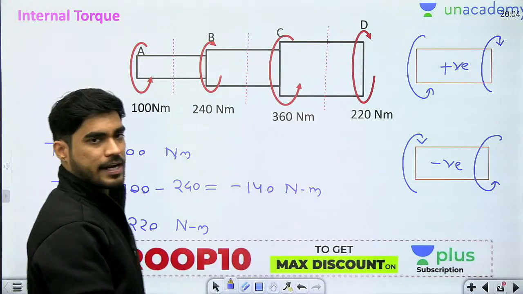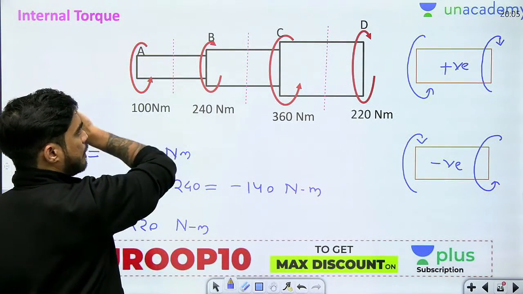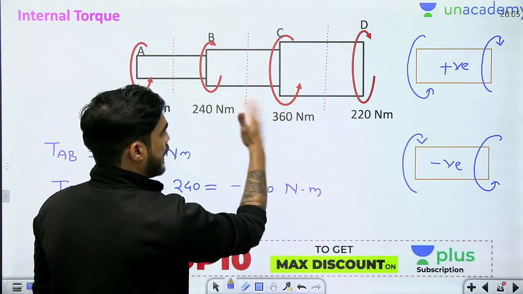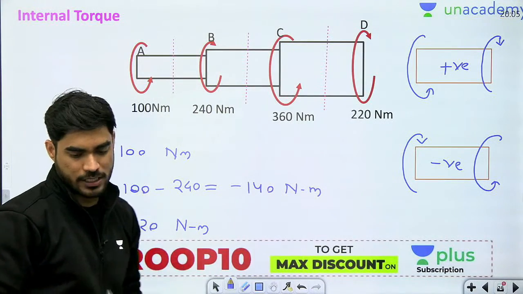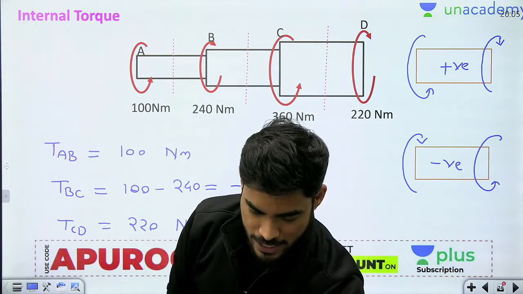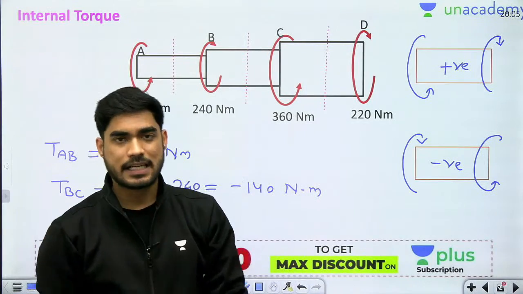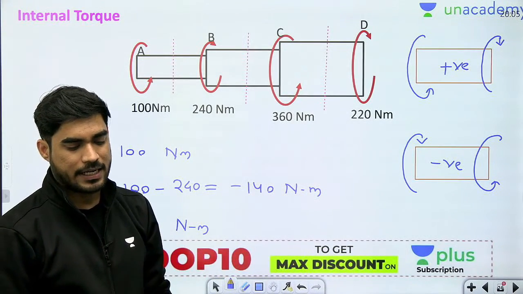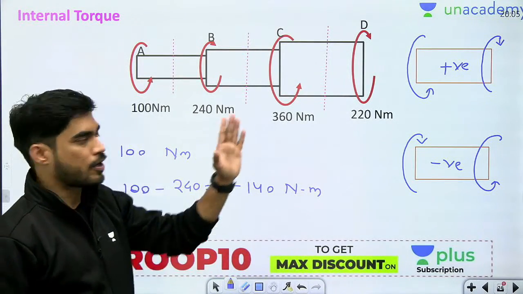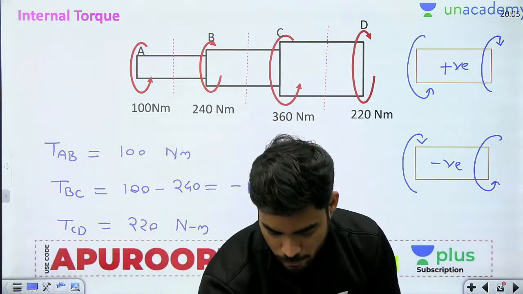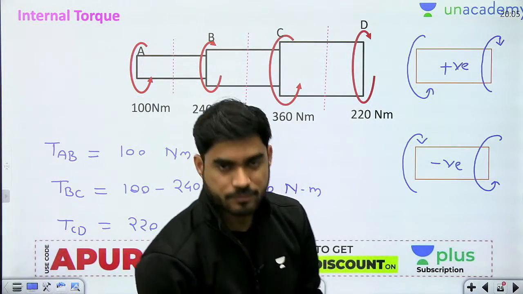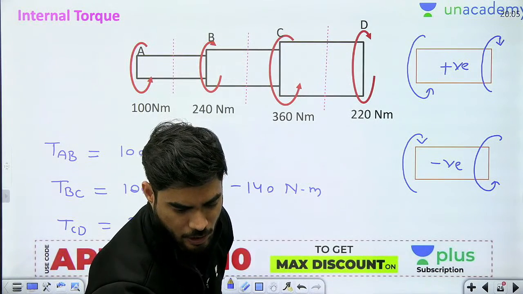No, you calculate internal torque from only one side. सबका left से निकालो या तो सबका right से निकालो. Okay, then there will be no confusion, then there will be no doubt. So you will not have to use sign convention if you are calculating internal torque all from left or all from right. ठीक है, चलो. So beta, this is the calculation of internal torque.